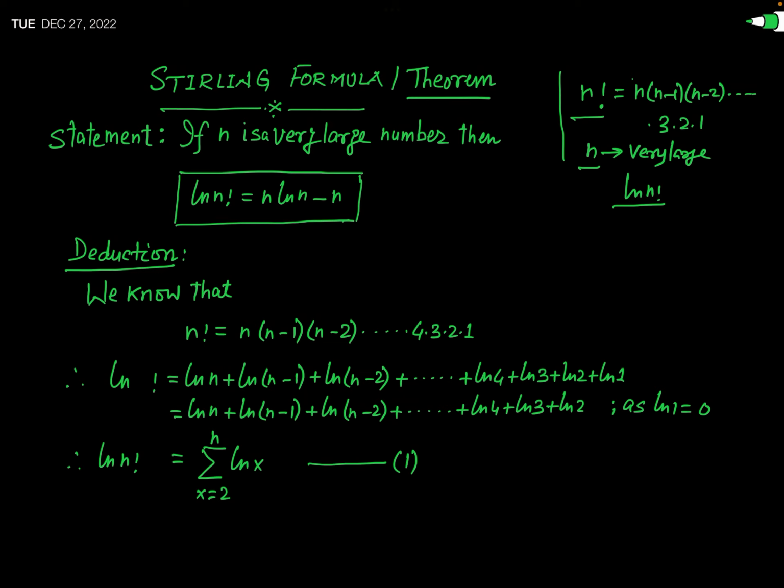Since the evaluation of n factorial is very troublesome when n is very large, Stirling's formula gives a suitable analytical approximation of ln n factorial for large values of n.